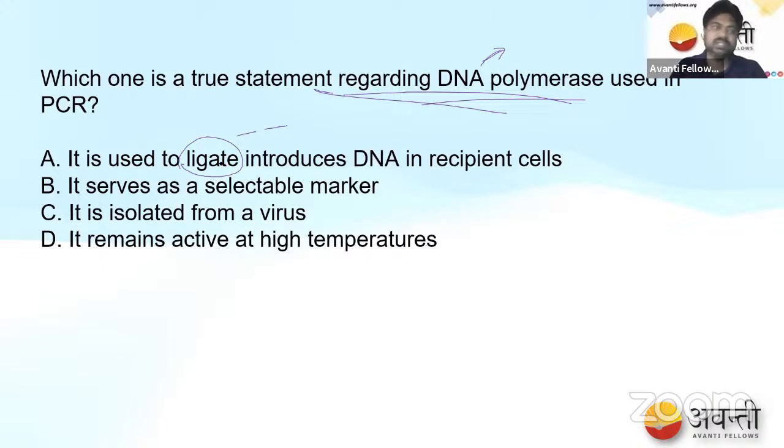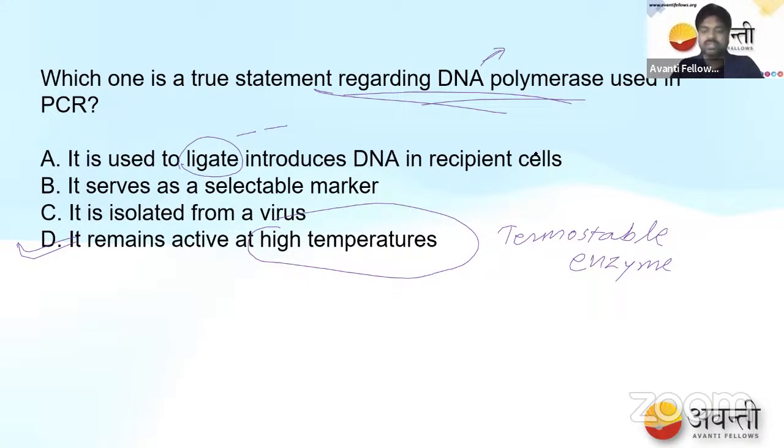So we do not join DNA. It serves as a selectable marker? No. Antibiotic resistant genes are used as a selectable marker. Next, it is isolated from virus? No, it is not isolated from the virus. Option D is the correct one. It remains active at high temperature because it has the ability of thermostability, or we can say it is a thermostable enzyme.